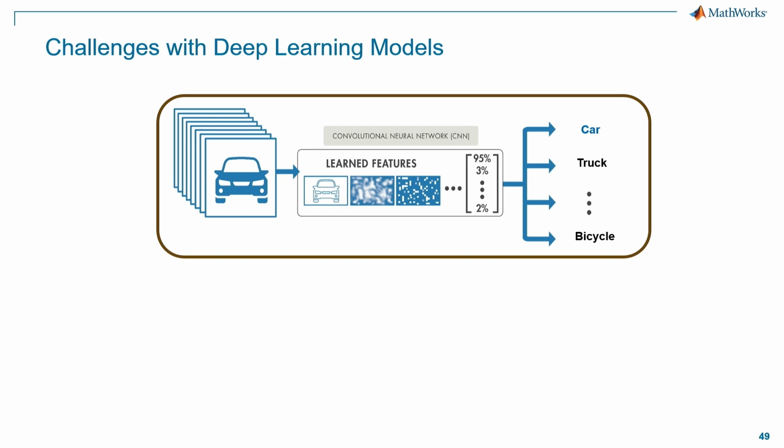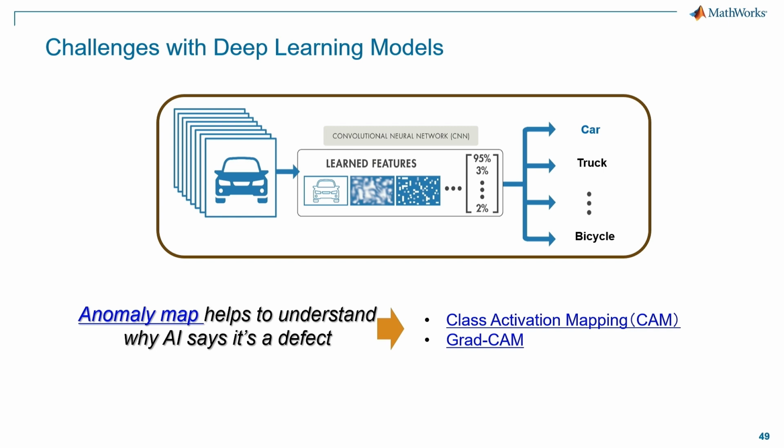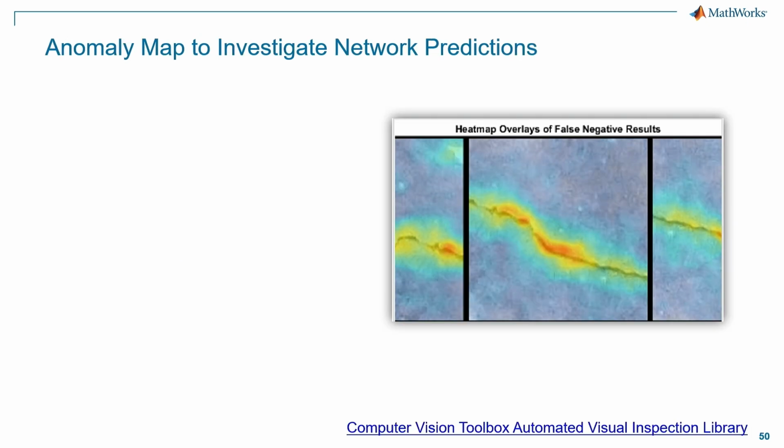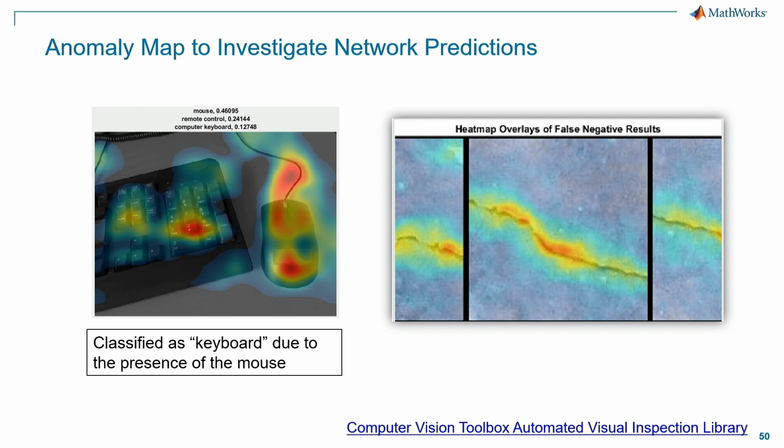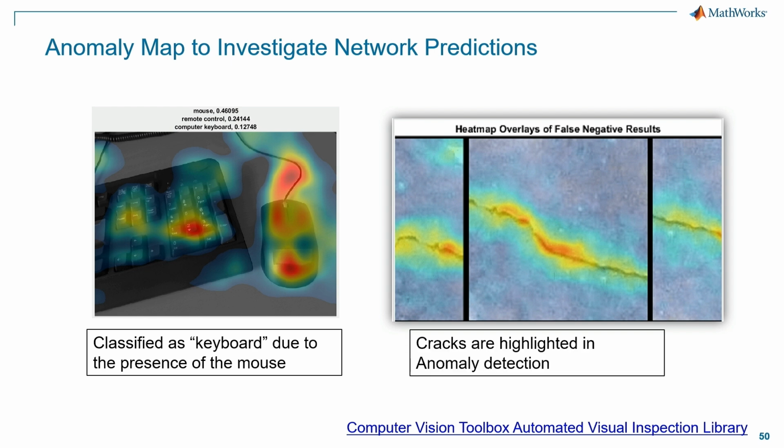There are definitely a few challenges for these deep learning models. Number one is I don't know if my anomaly detection is accurate or not. The anomaly map helps to understand that. What you see here are two examples. On the left side, we classified the image as a keyboard, but not because of the keyboard.